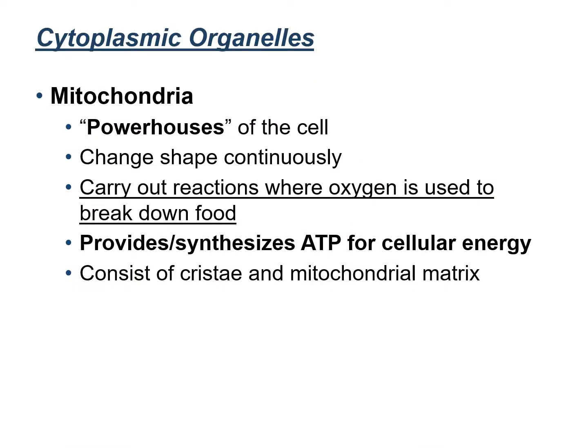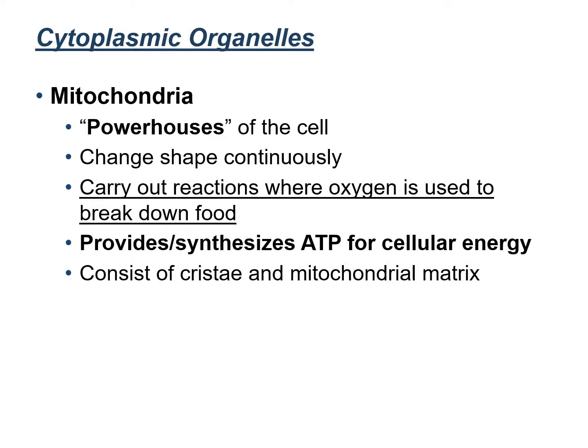The next organelle is the mitochondria. The mitochondria are considered to be the powerhouses of the cells. Why? Because this is where energy is generated for the cell. Cell needs energy for all of its functions, and somebody has to produce that energy, and it is the mitochondria. How is the energy generated? Energy is generated from food, and oxygen helps in this process.